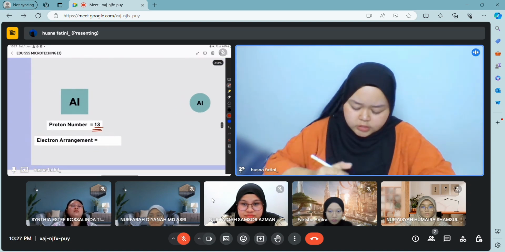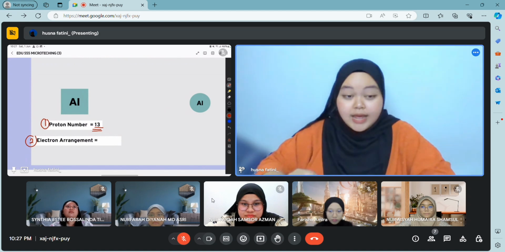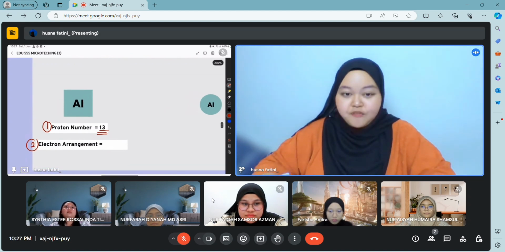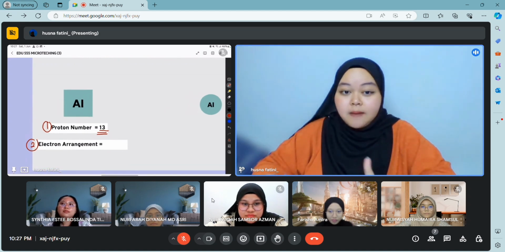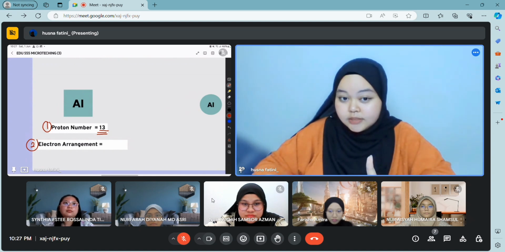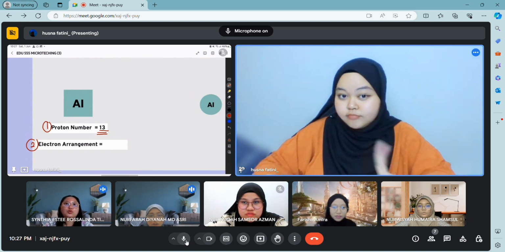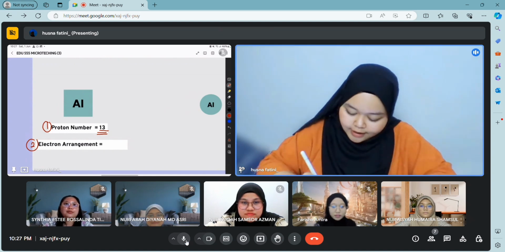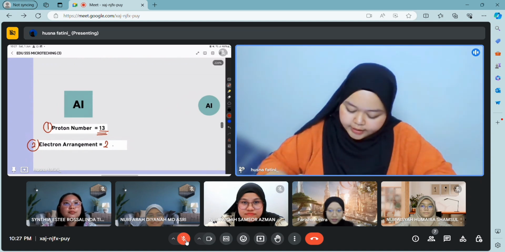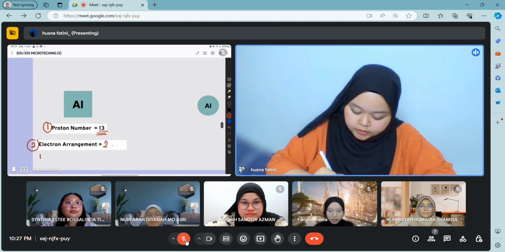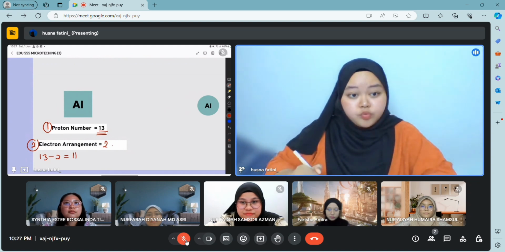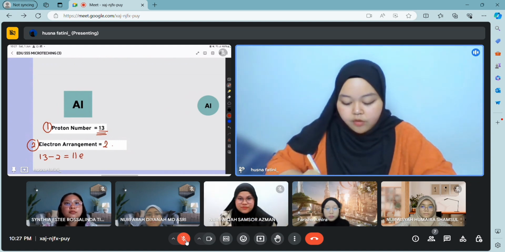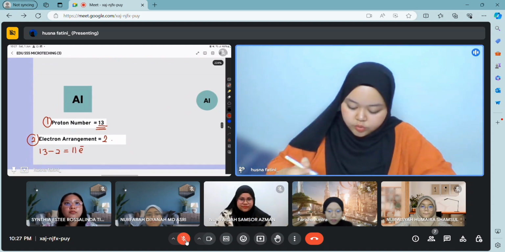How to get an electron arrangement? Like I said earlier, for the first shell, the maximum number of electrons is 2. Okay, then you just write here 13 minus 2 equal to 11. Then you will have 11 remaining electrons.